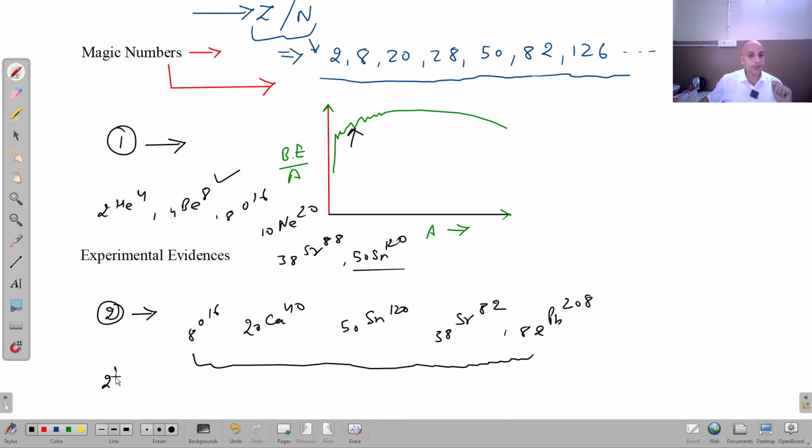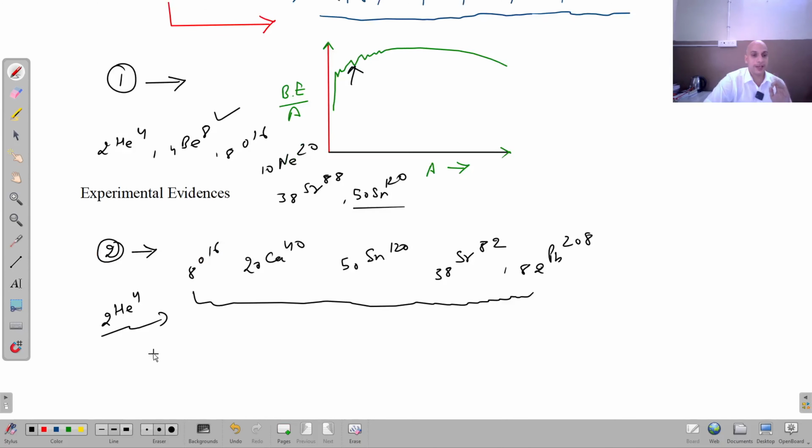Like helium 2He4, it is also abundant in nature. These nuclei are commonly found in the universe. It means these nuclei definitely have extra stability. That's why they are abundant. If they were not extra stable, they would have decayed into some other nuclei, and their abundance wouldn't be there, right? So if they are found in excess in nature, it means they are extra stable. Natural abundance is the second experimental evidence, right?